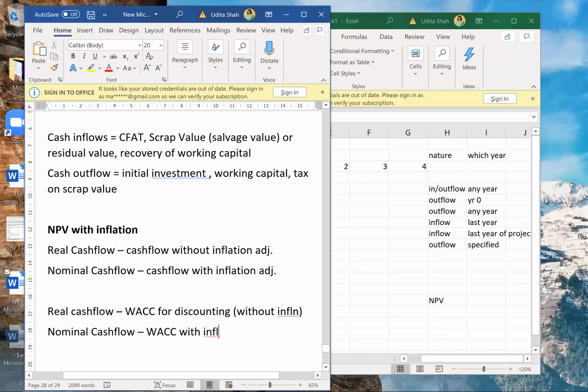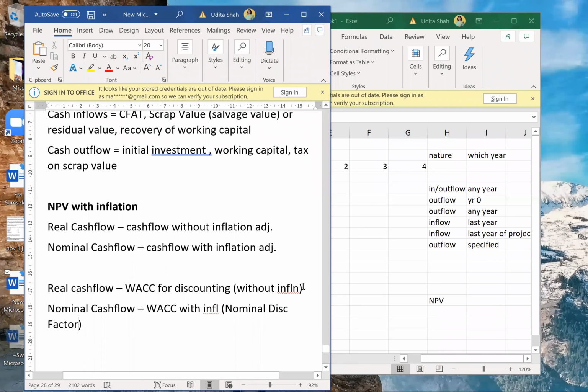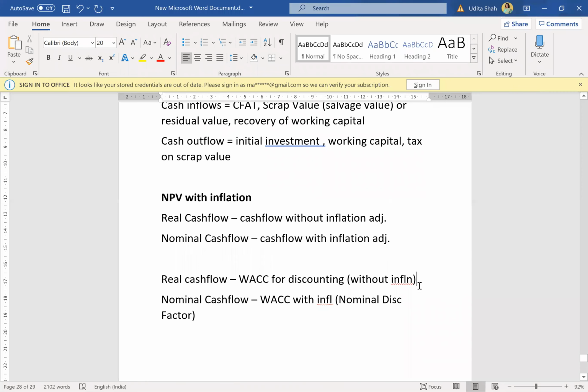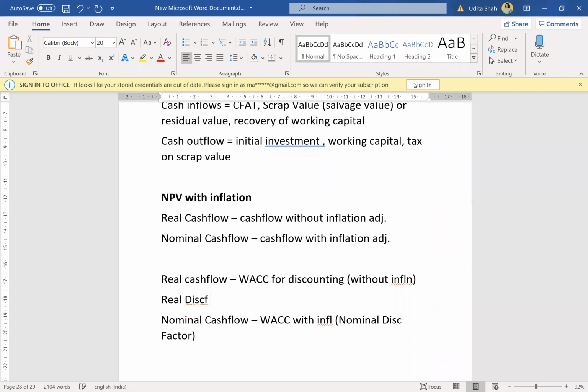That is called the nominal discounting factor. And this is called the real discounting factor.